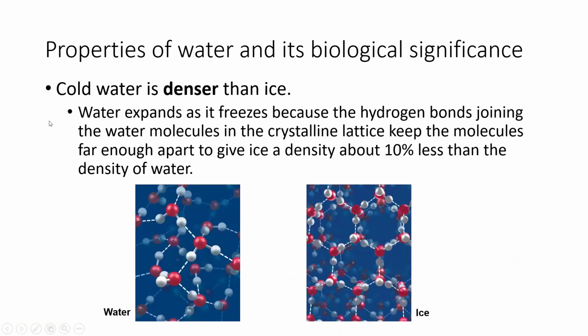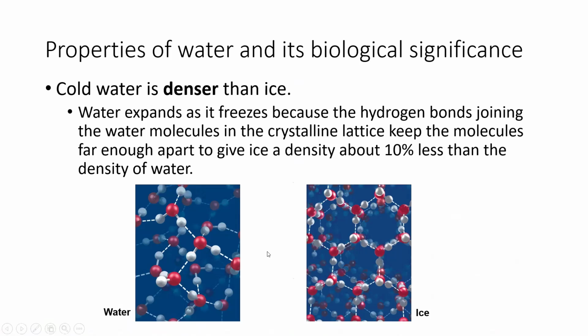And cold water is denser than ice. As you know, when water becomes ice, when it freezes, it will expand. You can see the structure here. In water, the hydrogen bonds form, then disappear, and then form again.